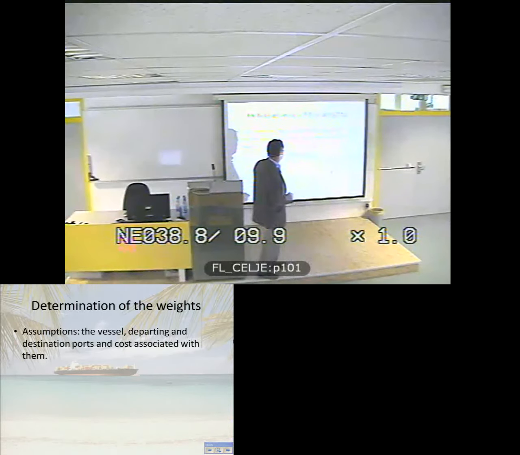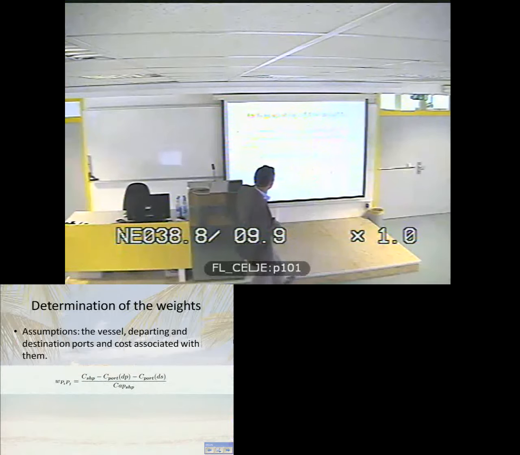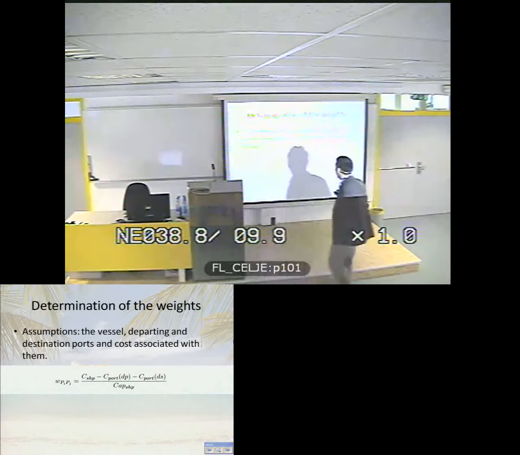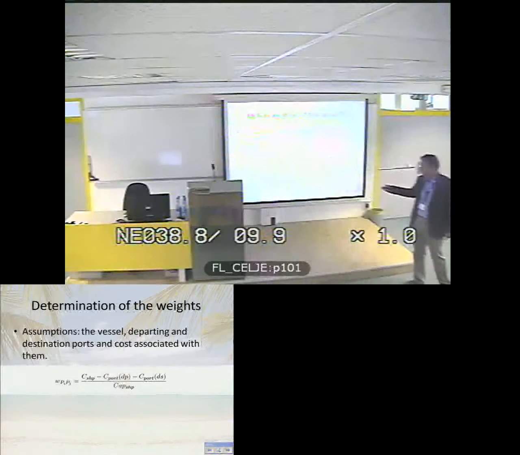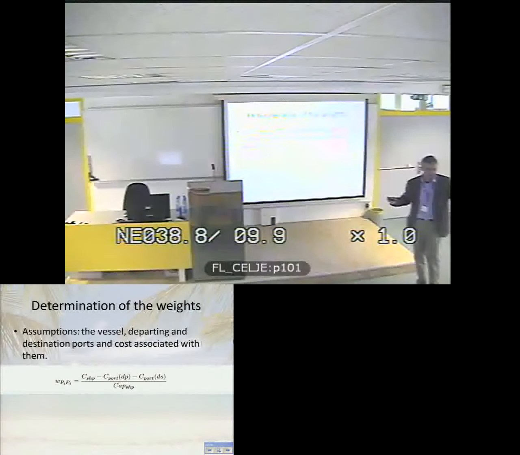And then we had to find out some costs. That was a real problem. So that's one of the weights. This is the weight between two ports. We considered ship costs. Those are costs connected with ship operation, the fuel, paying the crews and everything.